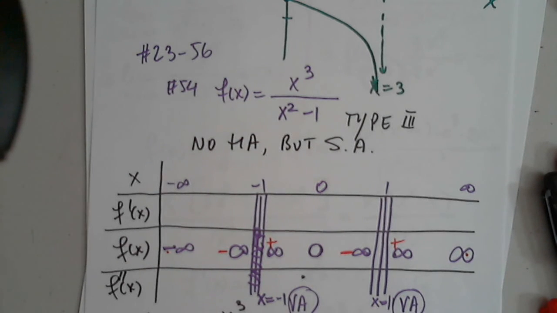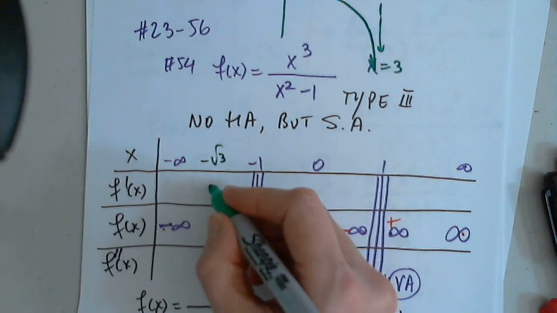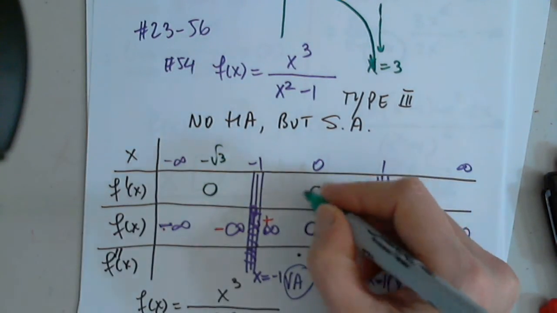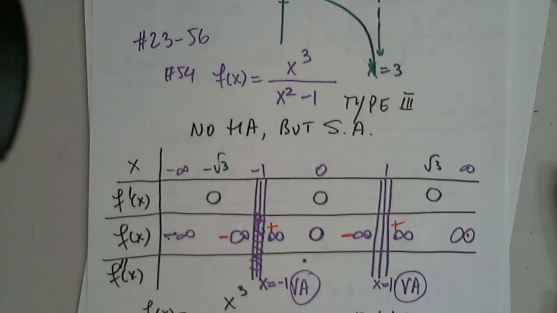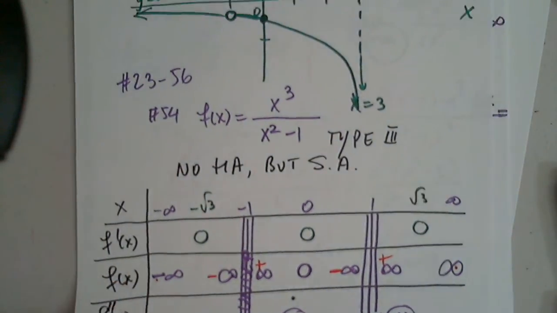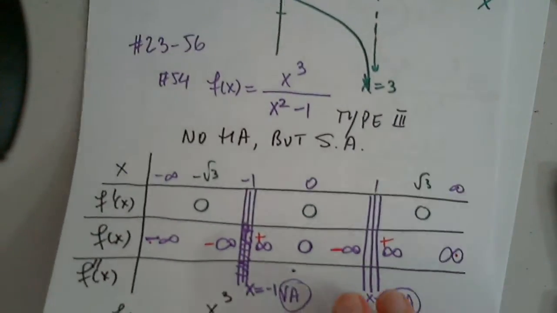Okay, I saw that, Nora. I'm going to remove you and then come back through your phone. Okay, so negative the square root of 3, 0, 0, and the square root of 3, 0. So we have 0, positive, and negative the square root of 3.